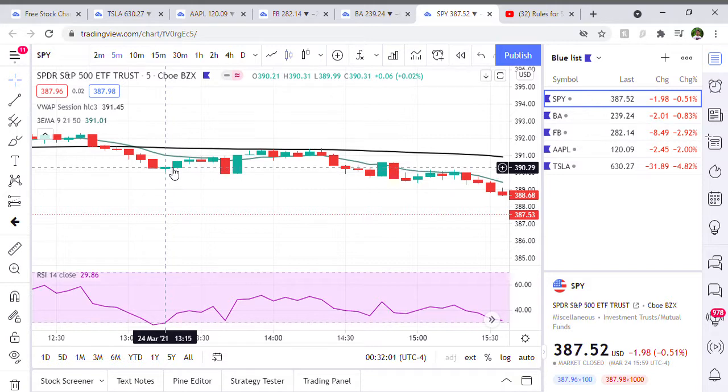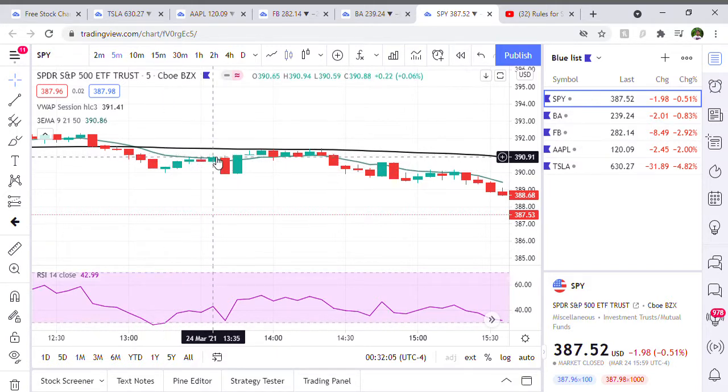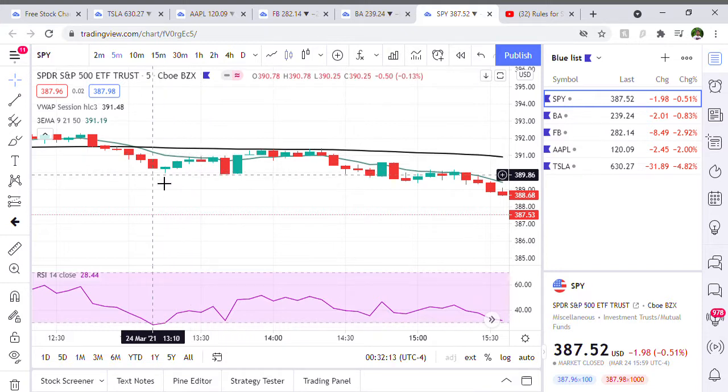I will allow the stock to touch back to this line, or it may even cross it, and then I will enter, say, 20-25 cents below 390, which would be 389.75.